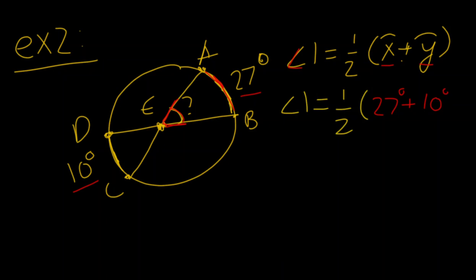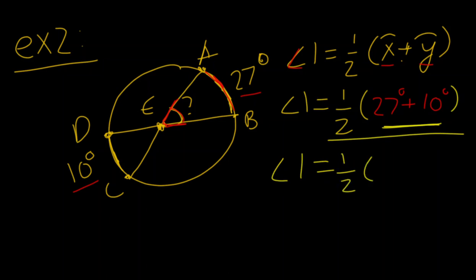Now, switching back to our yellow color, we see that we have angle 1 equals, and like we said before, there's really no variable here. And since there's no variable, we just follow our order of operations. We first add what we see in the parentheses, and so we get 1/2 parentheses 27 plus 10, which is 37 degrees. Now our fraction is right beside the parentheses, so we multiply these two things.